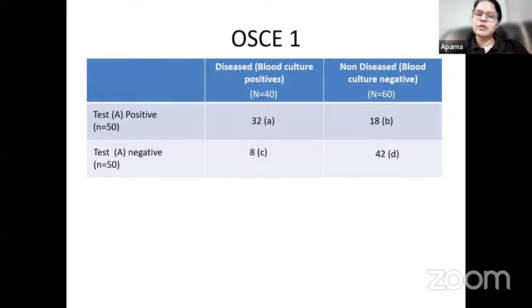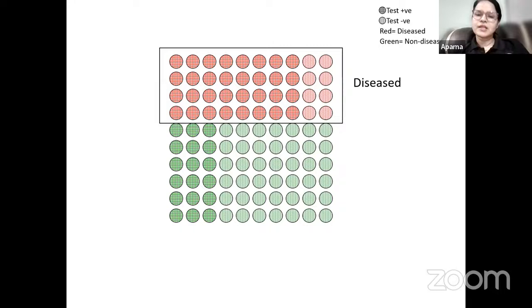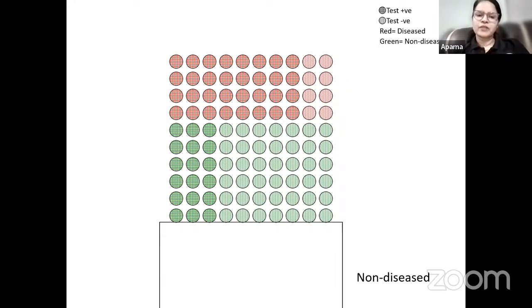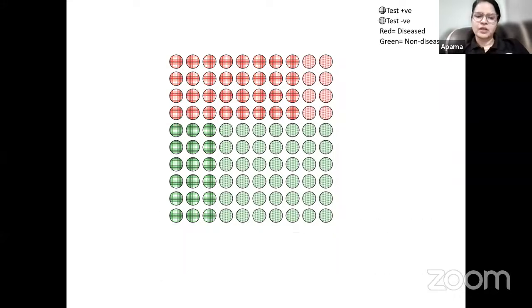So let us first come to the concept of sensitivity. What does sensitivity mean? Let us imagine that we have a total of 40 diseased babies, that is 40 truly septic babies, and 60 non-septic babies, that is non-diseased. Unfortunately, the test that we are using is not going to perfectly detect all the babies with disease.